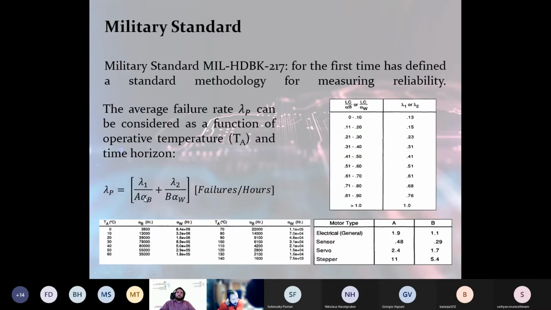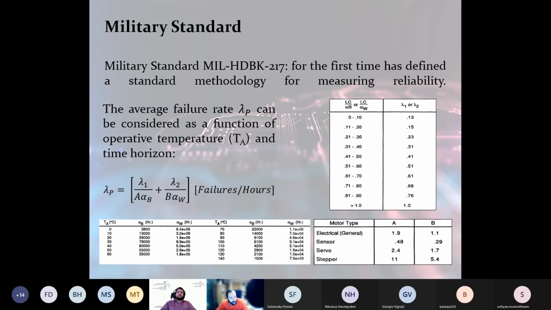The military standard proposed a formula which is dynamic, that is true, with the change of temperature, but cannot take into consideration the aging. So these are the two different failure rates that we wanted to compare.